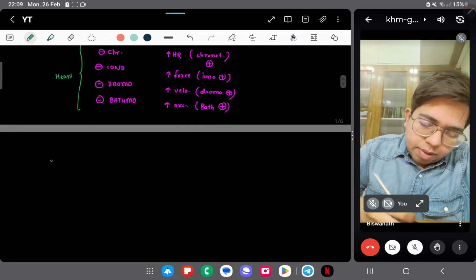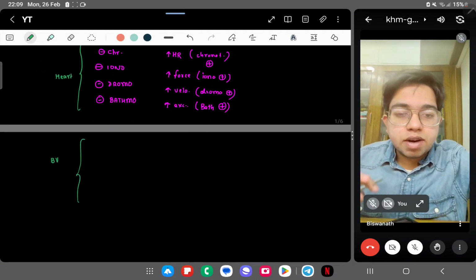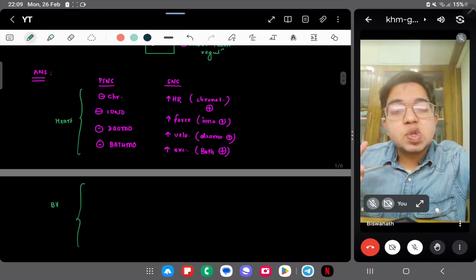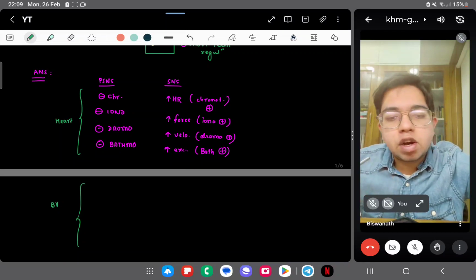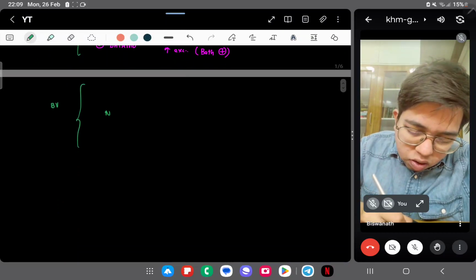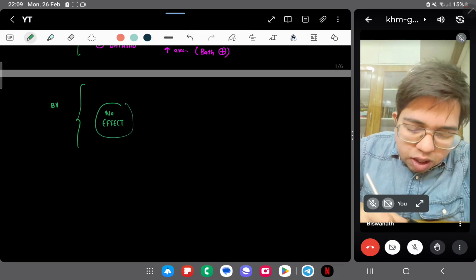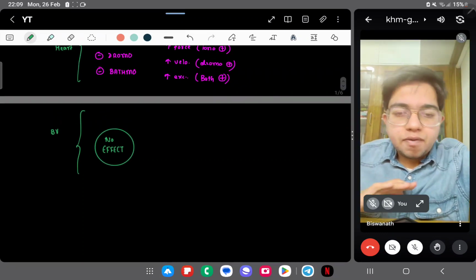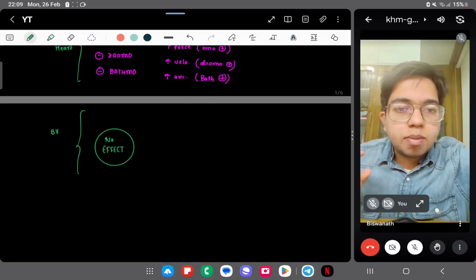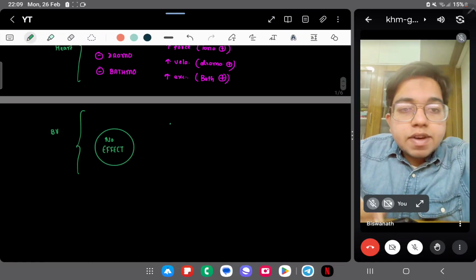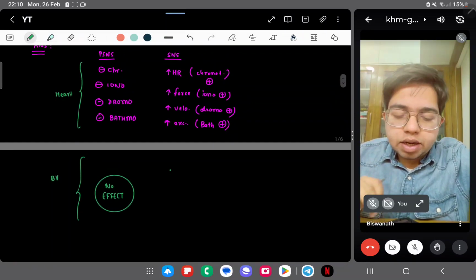Let's discuss the effects on the blood vessels. Just remember, there is no parasympathetic innervation on blood vessels, so it will have no effect on blood vessels. No effect at all. Remember this forever. On blood vessels, what are the neurotransmitters of the sympathetic nervous system?